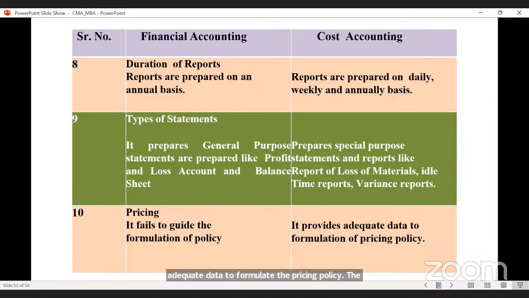With the help of cost accounting, we can ascertain what is the actual cost of the product or the actual cost of the unit of services. So on the basis of that, the management can decide what will be the price of the product or price of the service. So these all are basic differences between financial accounting and cost accounting.